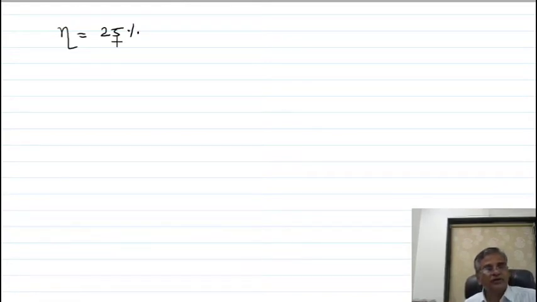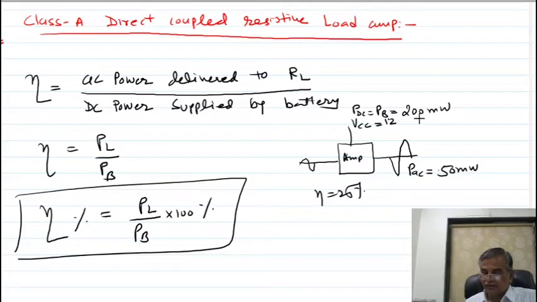Whatever DC power you give, only 25% is converted. The remaining is wastage. Look here. How much you supply? 200 milliwatt. How much are you getting? 50.